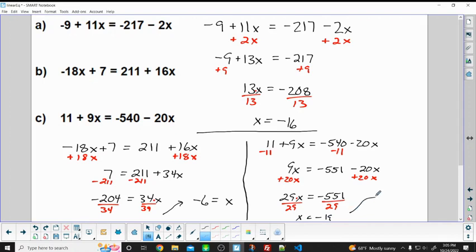Now I'm just going to rewrite it right here. X equals negative 19. So just to kind of recap, when you have like terms and they're on opposite sides of the equation, you use the properties of equality to combine those like terms.